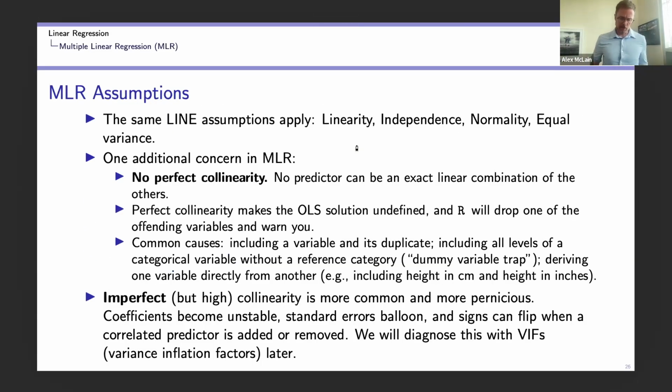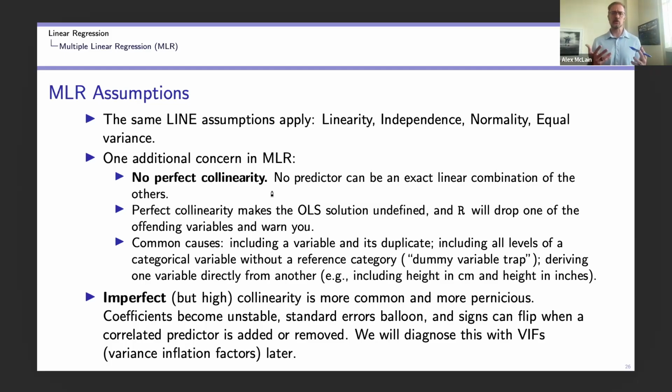So we'll talk about some of the assumptions here. These are going to be the same that we had in the simple linear regression model. We'll talk about these in more detail later on in the notes. But linearity, independence, normality, equal variance, those line assumptions. One additional concern in multiple linear regression is collinearity.